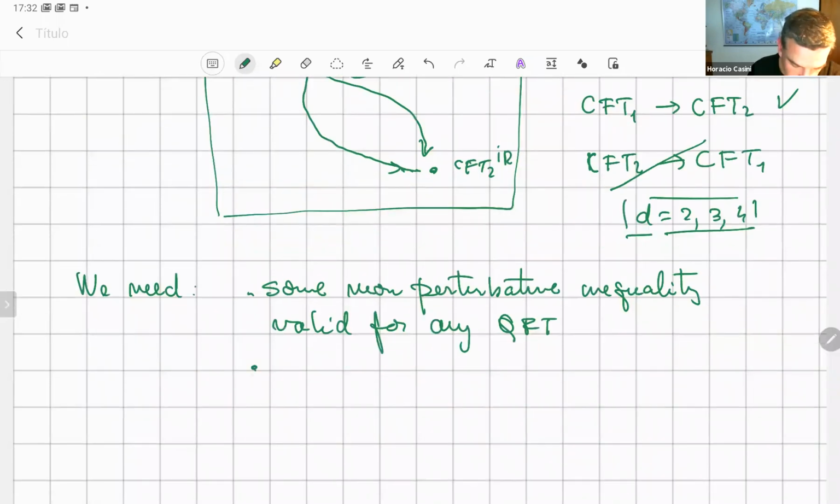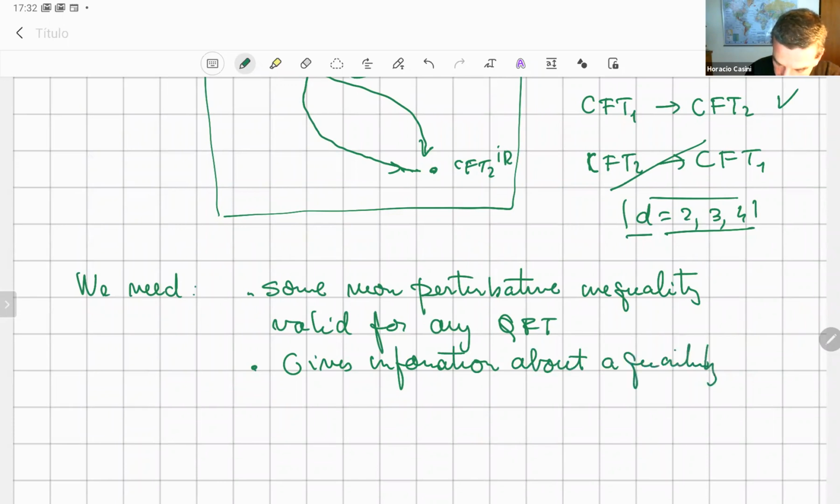And it needs to give information about a quantity that is finite and well-defined for CFTs.